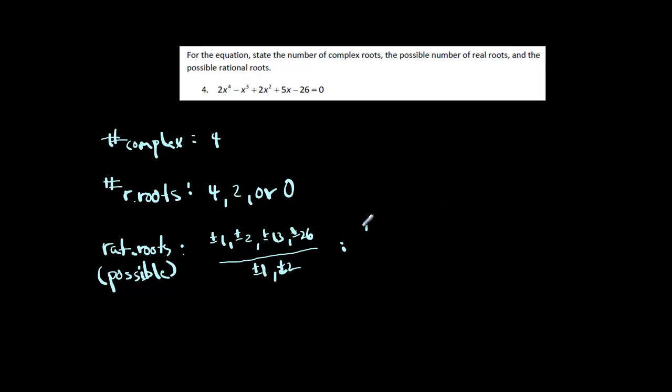And the master list would be positive negative 1, positive negative 2, positive negative 13, 26. And we have 1 half. 2 halves is 1, 13 halves is another one. And 26 halves is 13, right over here. So here's my master list right there.